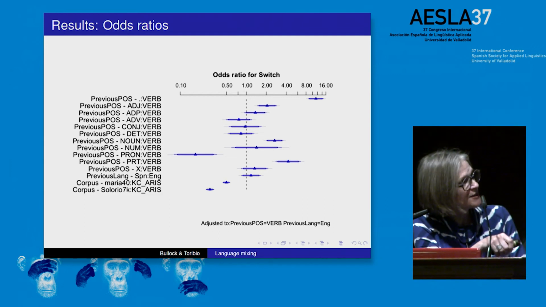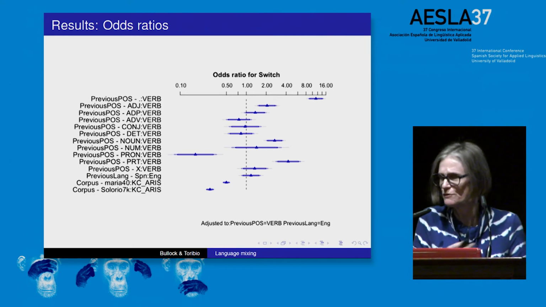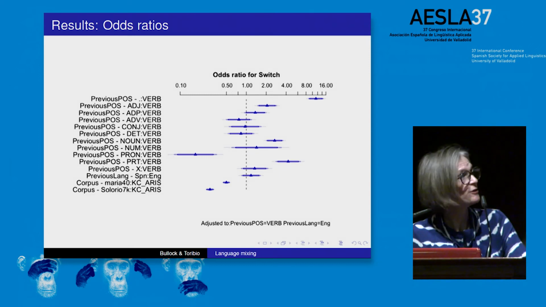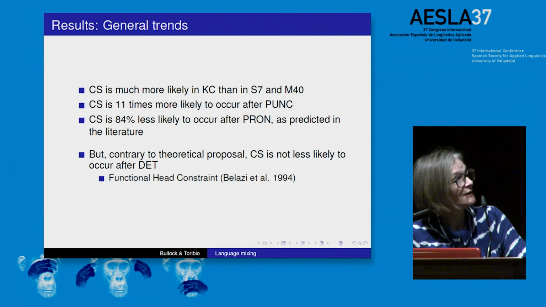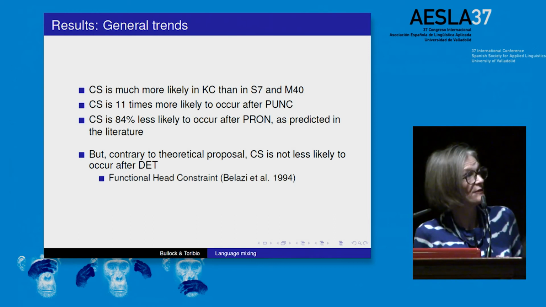The strange thing was that determiners are right here in the middle at even odds. Anything that crosses that line is even odds. It neither favors nor disfavors. Well, what's going on with this? You shouldn't be switching after determiners. So what do we find from these trends? We know that code switching is more likely in Killer Chronicas than in the others.